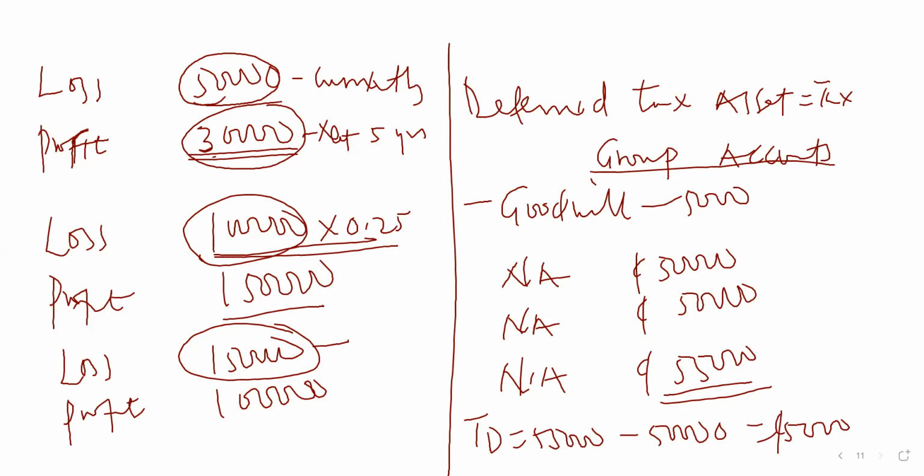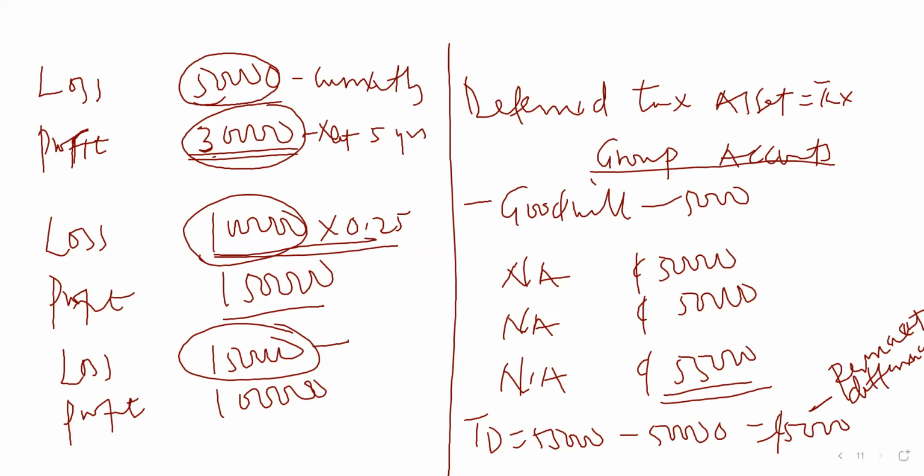But the question now is, is goodwill deductible? Is goodwill allowable for tax purposes? No. Therefore, the difference caused by the goodwill is a permanent difference. So there's no deferred tax implication on the goodwill because goodwill is not allowable for tax purposes.